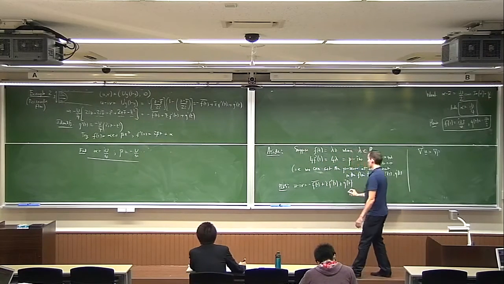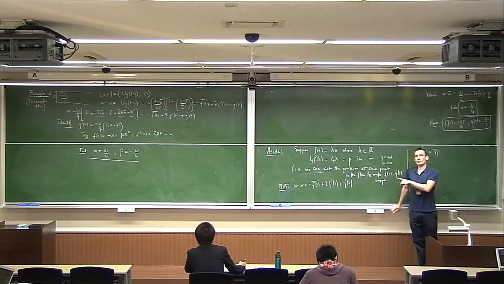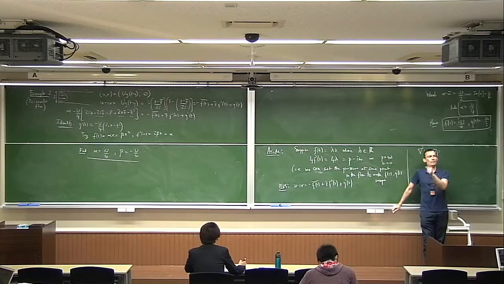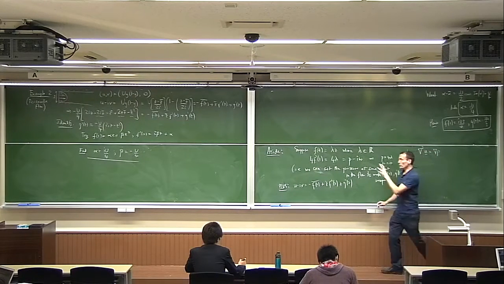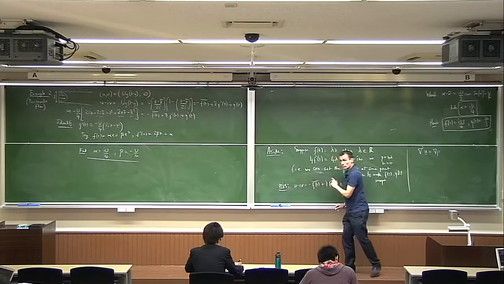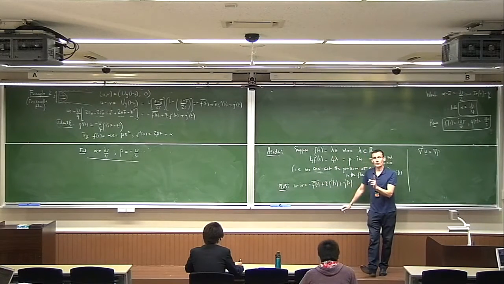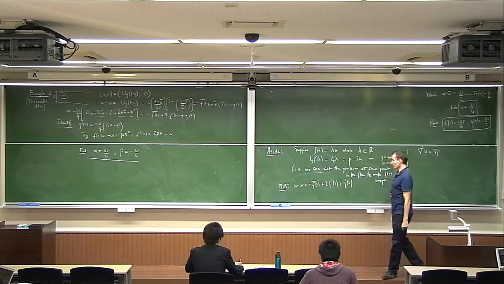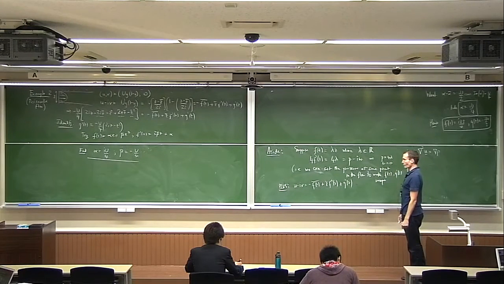Look at this. Suppose you give me an F and a G for a given U and V. So in other words, U and V are given, and I found some F and G for which this is true. Can anybody think of something that I can do to F and G that will give me the same velocity field? Well, how about this?